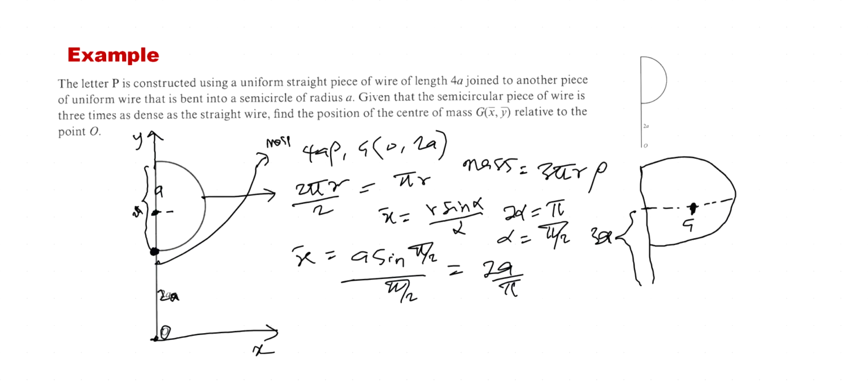If you bring it down to the axis, this is the x coordinate, x bar, and the y coordinate, y bar. The y coordinate is 3a and the x coordinate is 2a over pi. So for this semicircle, the mass is 3 pi a rho and the center of mass is 2a over pi, comma, 3a.